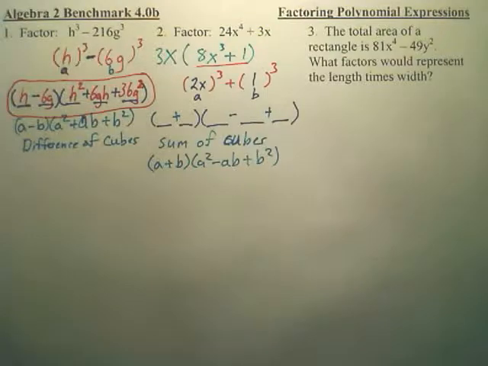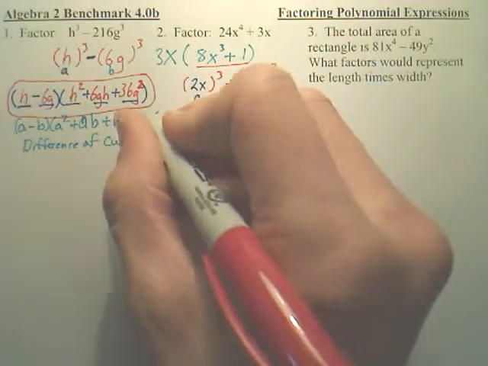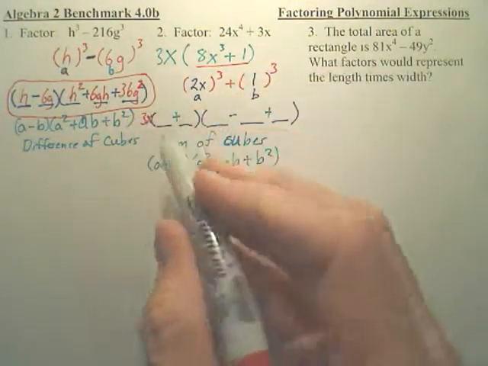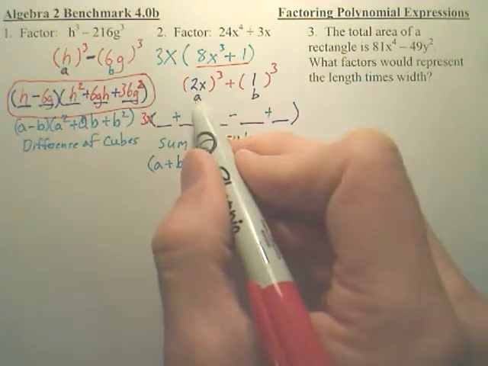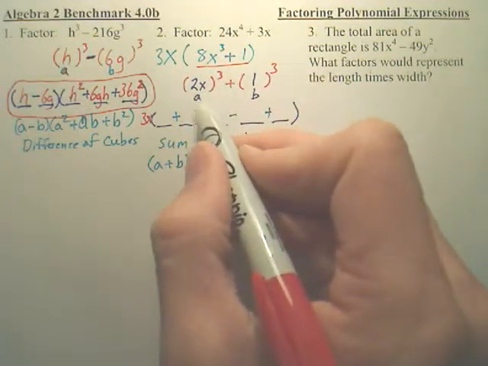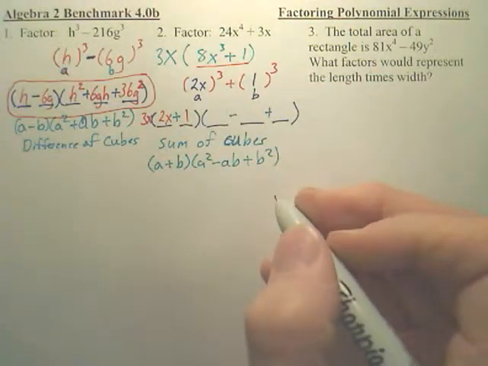Now we fill in our values. Oh, there's one thing I forgot. Don't forget your GCF. So there's actually a 3x out front. Don't forget your 3x. And then when I factor what's left, meaning the piece in here, you get a plus b, so 2x plus 1.